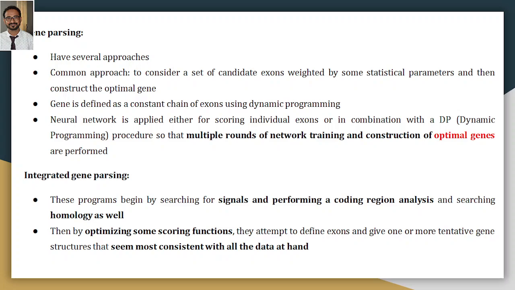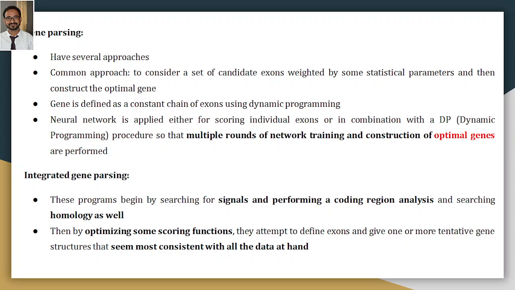If you are going for scoring individual exons, you have to go for the neural network, or you can combine it with DP, that is dynamic programming procedure. Multiple rounds of network training will be there, because many things will be considered and combined together, and then the optimal genes are constructed. You can say these are the proper genes. That is gene parsing.